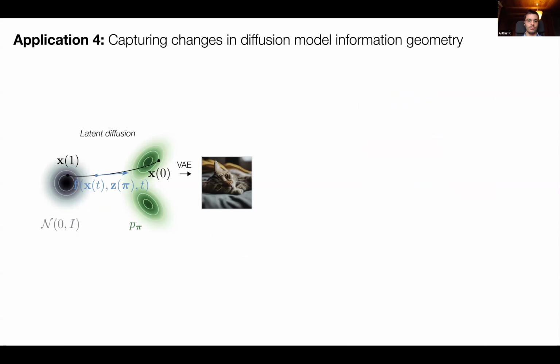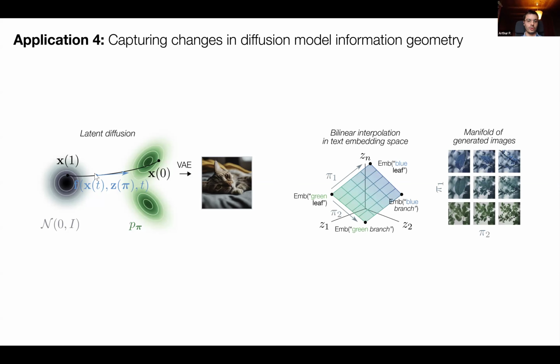I won't go very deep into what a diffusion model is, but in short, a diffusion model is a way to transition from a noise distribution, here Gaussian, to some data distribution by taking samples and flowing along some flow field defined by this vector field F. In particular, what I will be interested in is so-called conditional diffusion, where this vector field not only depends on the point X in this space of images, but also on some conditional input that, for example, tells the model: generate an image of a cat.